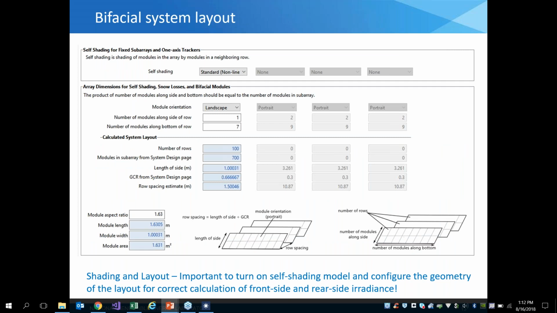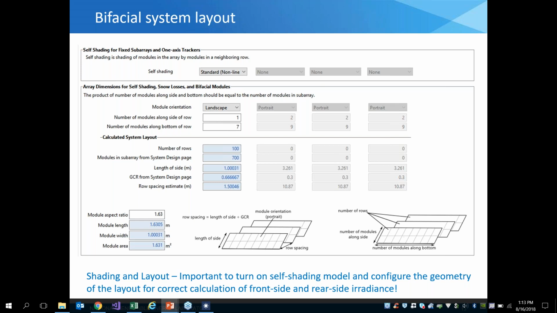As I mentioned, we are assuming a row layout, and so it's very important for you to tell us what the geometry of your rows looks like. On the shading and layout page in SAM, you will want to specify self-shading so we can properly calculate the self-shading of the front side, and make sure that you lay out the number of modules along the side of the row and along the bottom of the row.